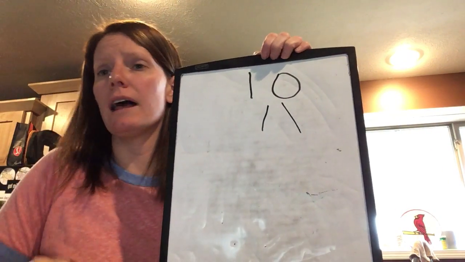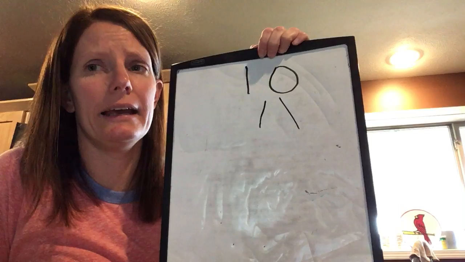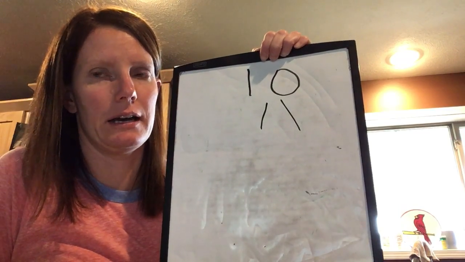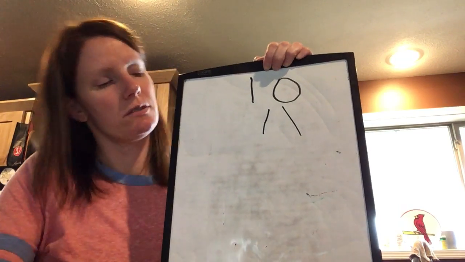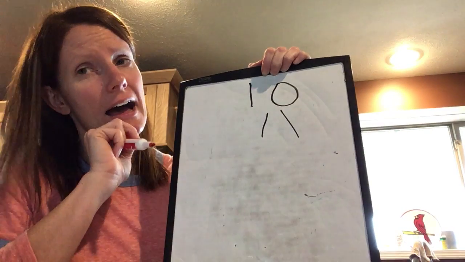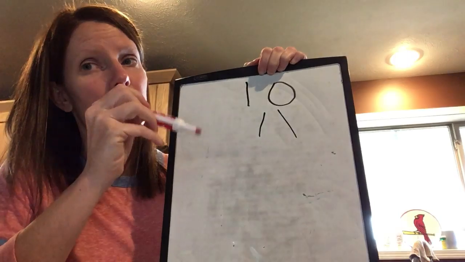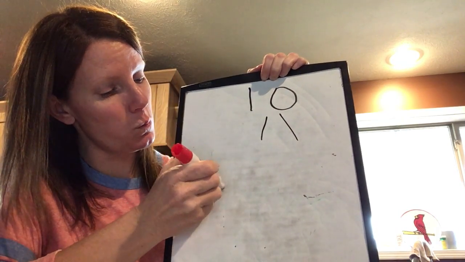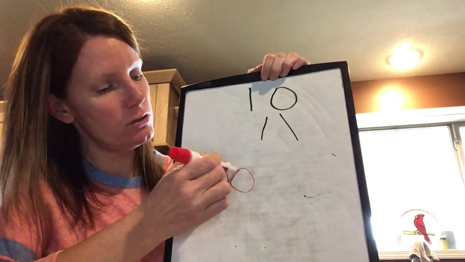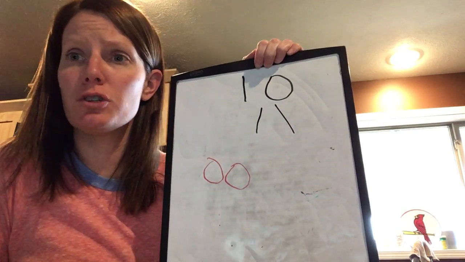I'm going to make this one a little bit trickier for you. We are going to have 2. 1, 2. We only have 2 red circles.